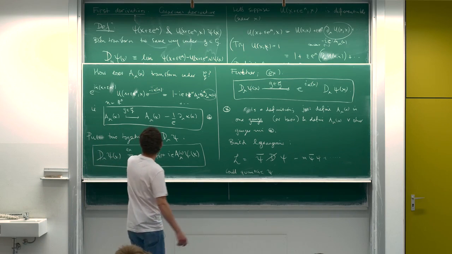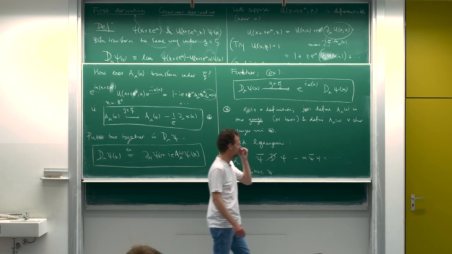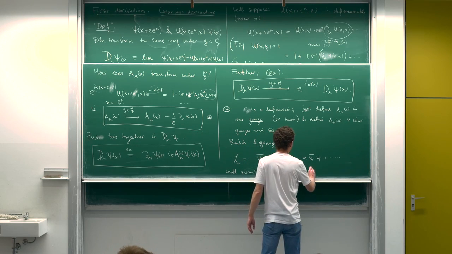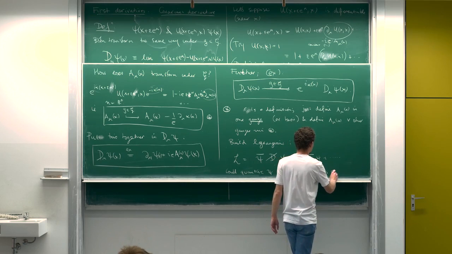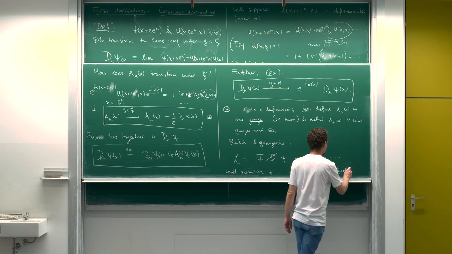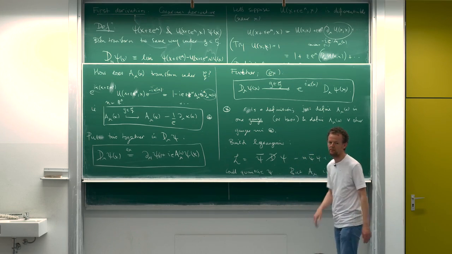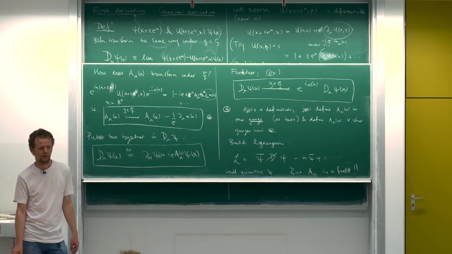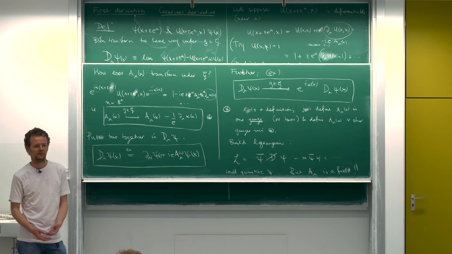Because this A mu is also a field. It's a vector field. And that A mu is presumably an element of reality or something like this.